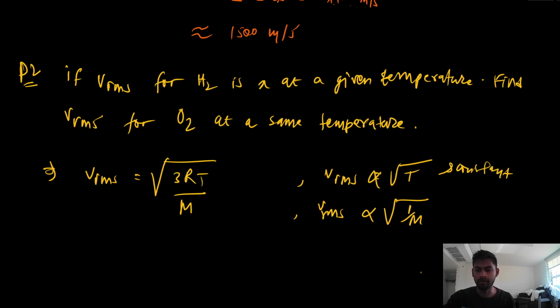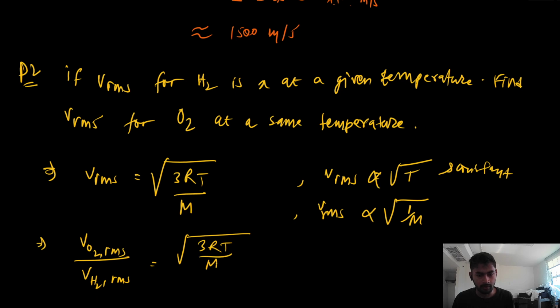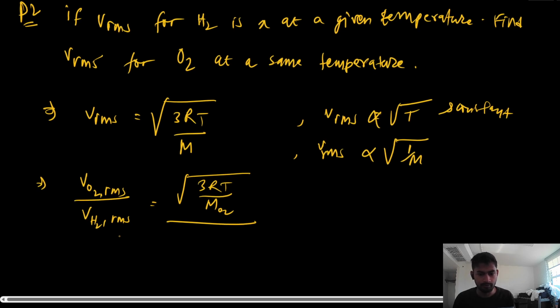So having that sort of intuition beforehand, we can compute the root mean squared velocity of oxygen by root mean squared velocity of hydrogen, which would be root of 3RT by M O2 over 3RT by M H2, right?